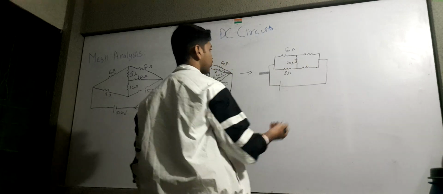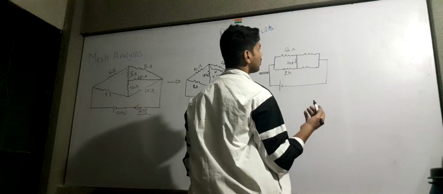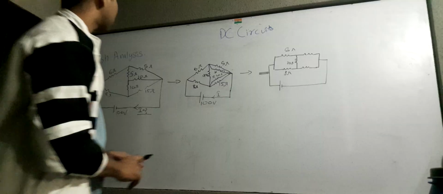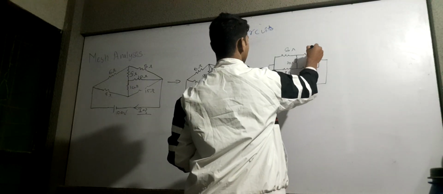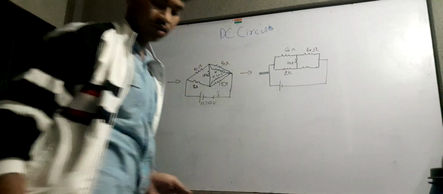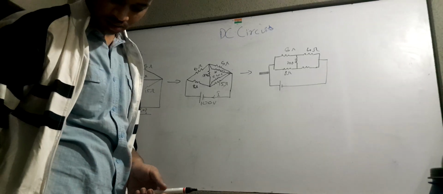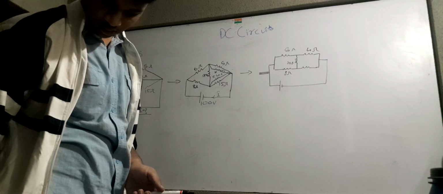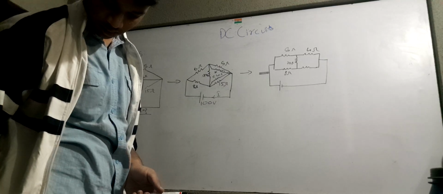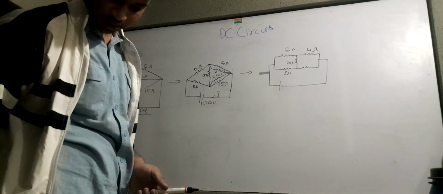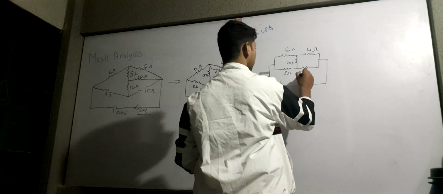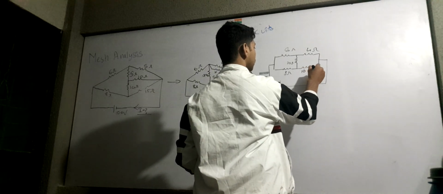This is the parallel of 5 and 20, which is 20 by 5, which is 4 ohms, and this one is 40. This would be 10.90909 ohms.